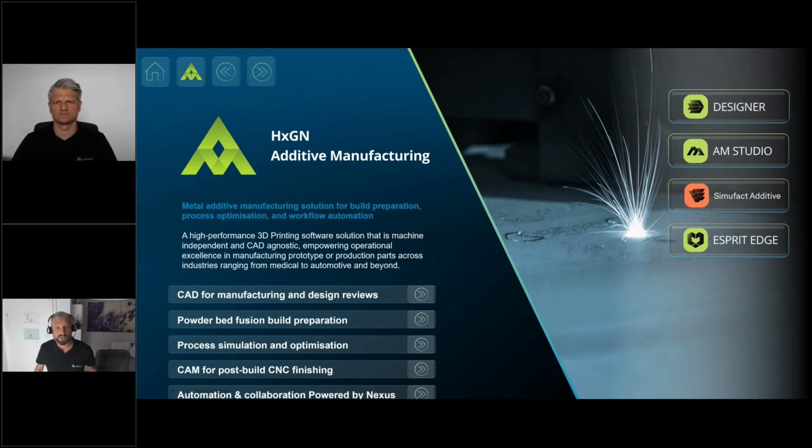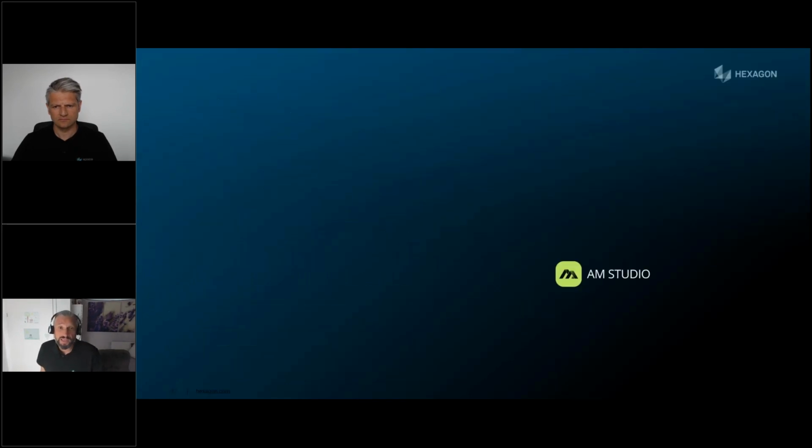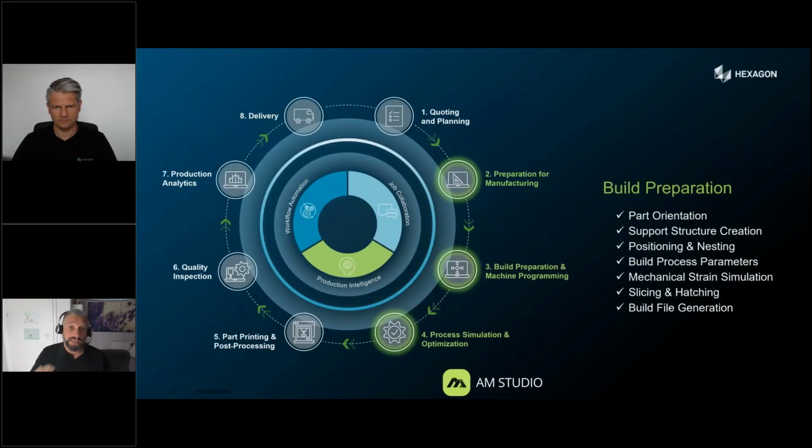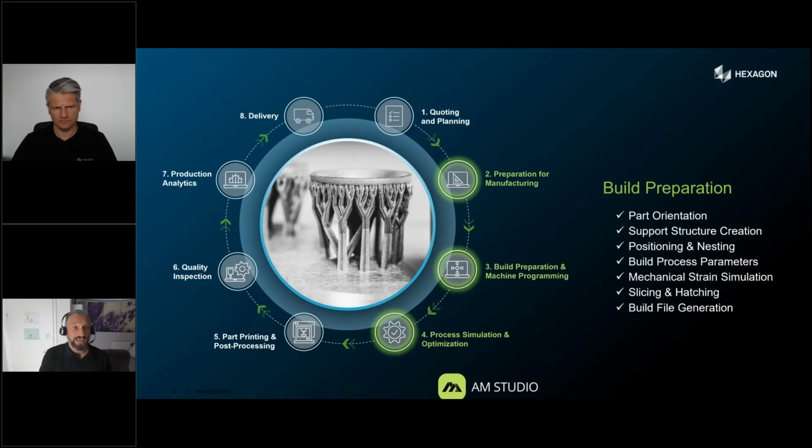So we have really all industries where we can deliver the solutions, and really from the first prototypes till big serial productions. The whole solution starts at quoting and planning and walks through the cycle till the delivery of our products.